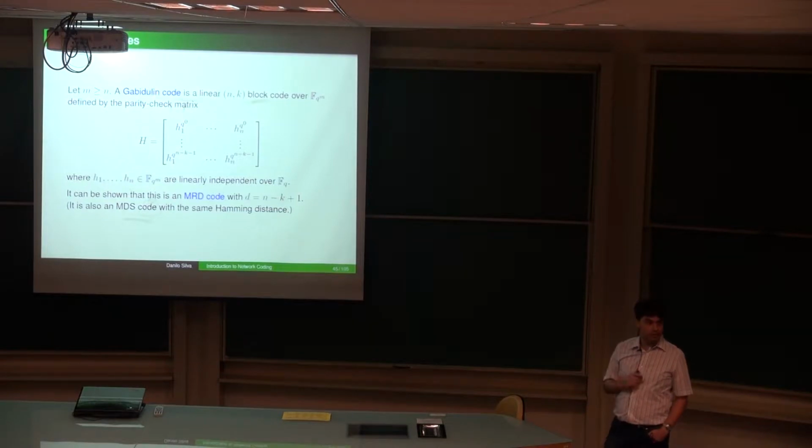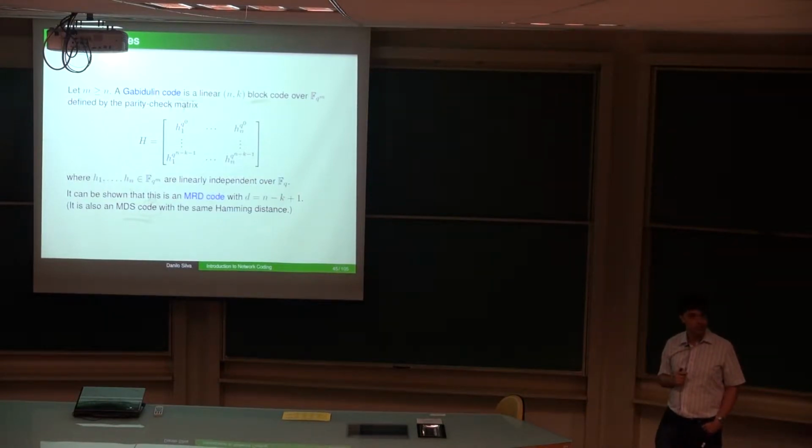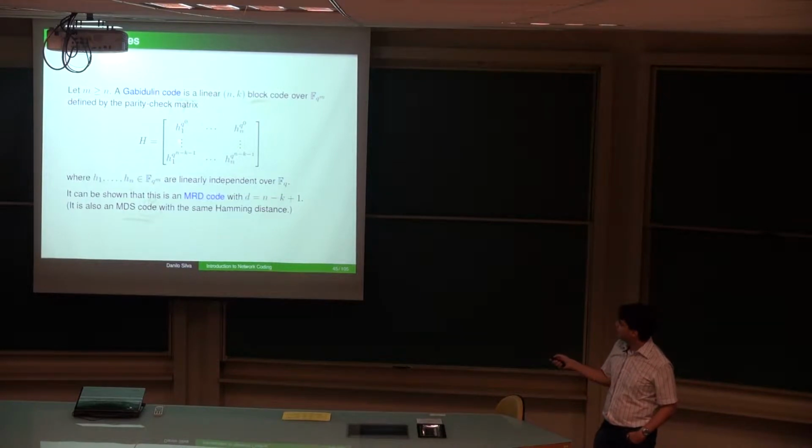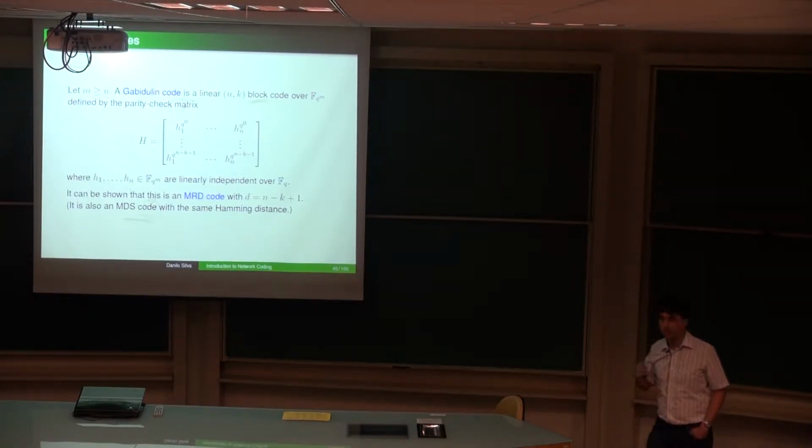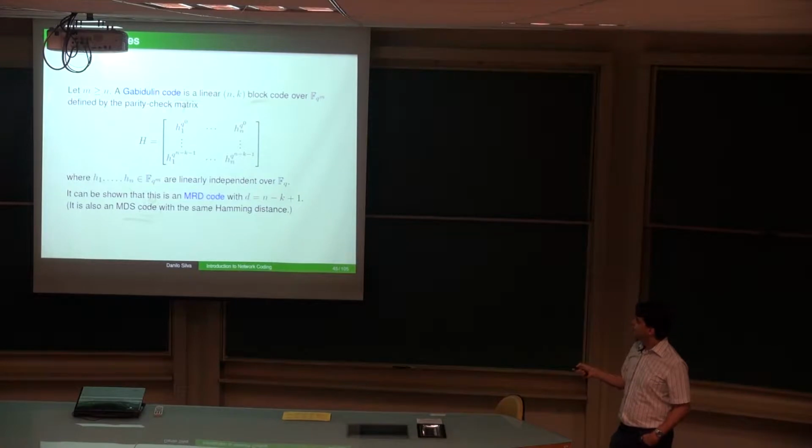It's very similar to the parity check matrix of generalized Reed-Solomon codes, except that here we raise each entry in a column to the power of q to the power of i. And these elements h1 to hn must be linearly independent over Fq. That is the assumption here. If you do this, then this block code can be shown to be an MRD code.